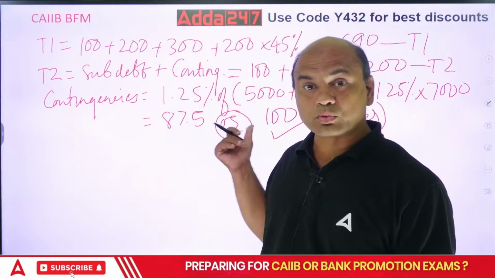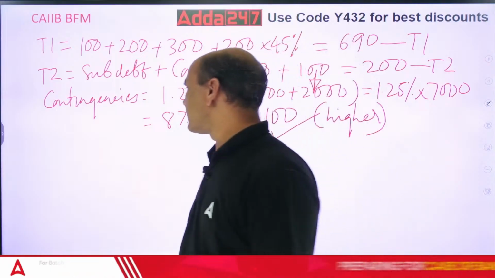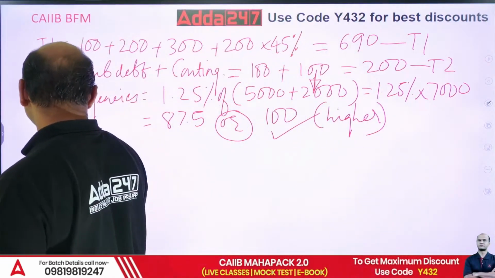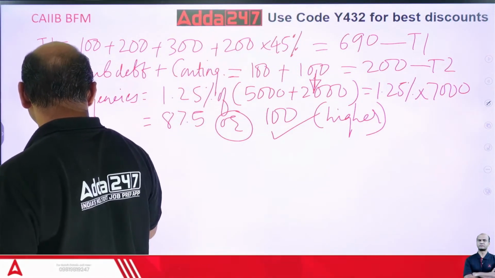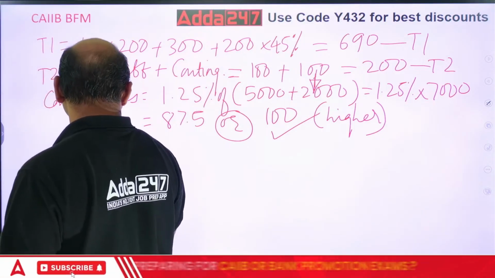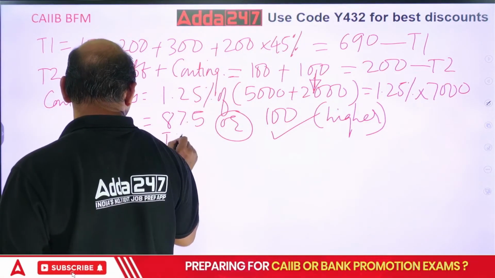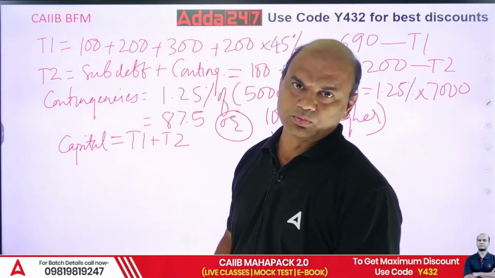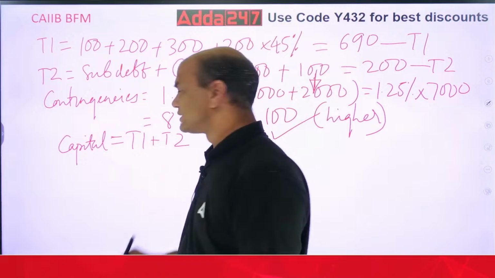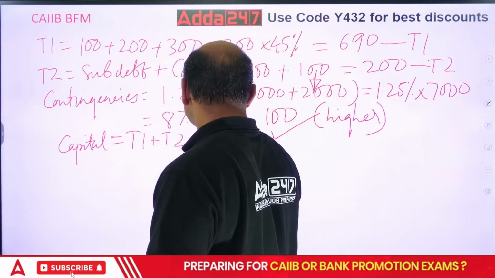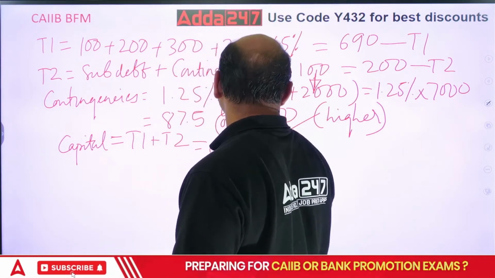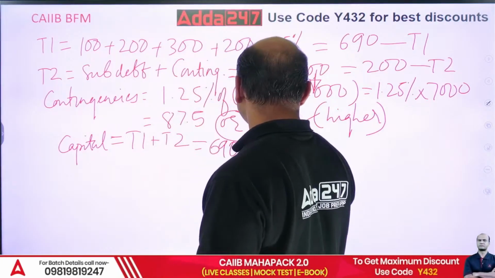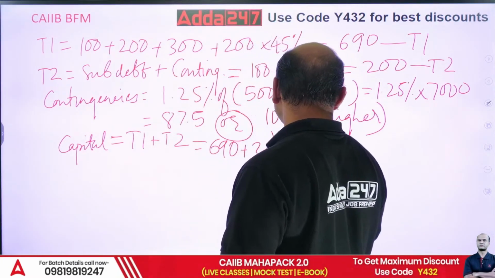So now what is my total capital? Total capital equals T1 plus T2, Tier 1 plus Tier 2. So it is 690 plus 200, so it is 890.